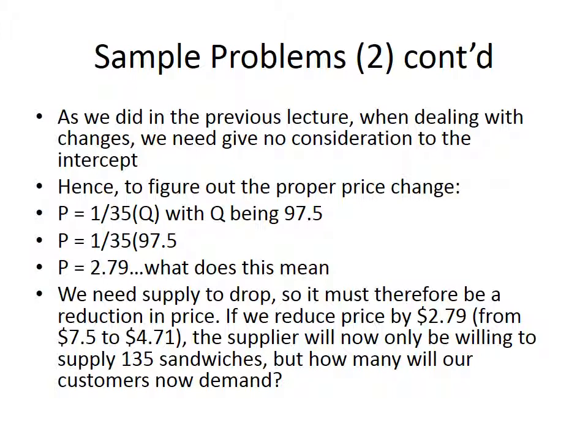We're willing to supply now 135, which is what they demanded for $7.50. But now the price is $4.71. I know these bastard customers of mine. They're always looking for more for less. If I drop the price of my fish, they're going to come in droves and demand more. I know they are. Question is how much?